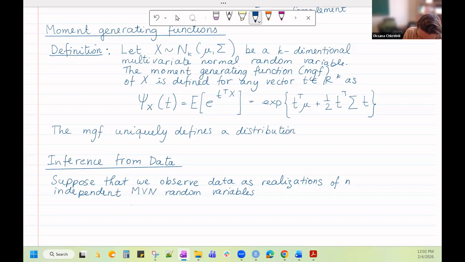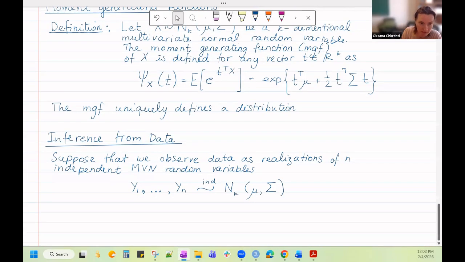Let's call this data y1 to yn. And we assume that they are independent and each is multivariate normal with mean mu and variance sigma, or covariance matrix sigma.